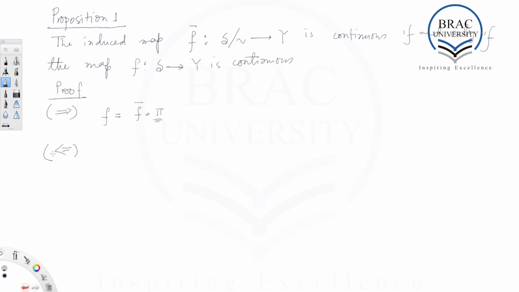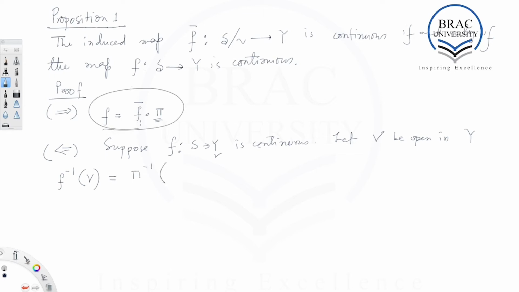Now we got to start with f being continuous, and we will prove that f bar is continuous. So suppose f from S to Y is continuous. Let V be open in Y. Since f is continuous, we have the pre-image of V under f, which we can write like this; it follows from elementary set theory.